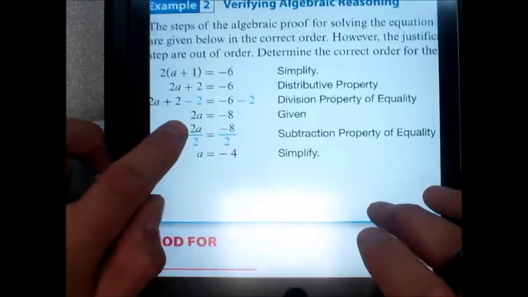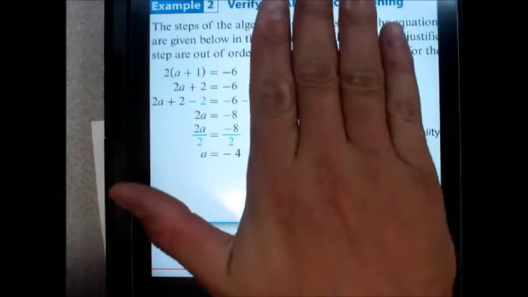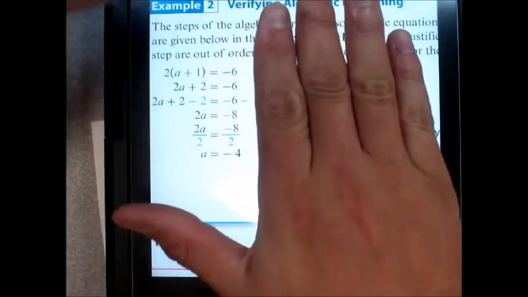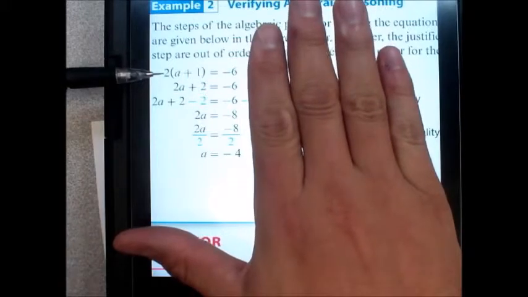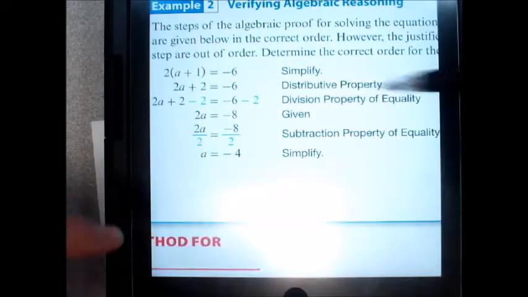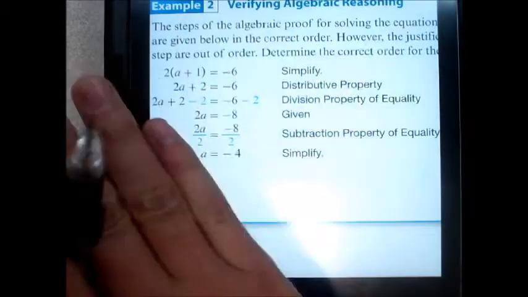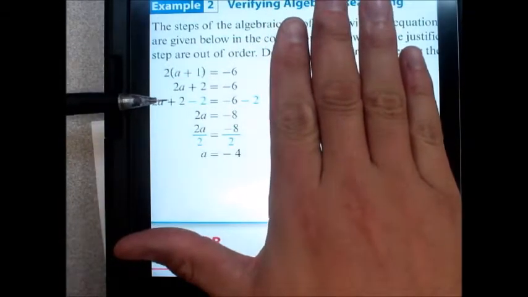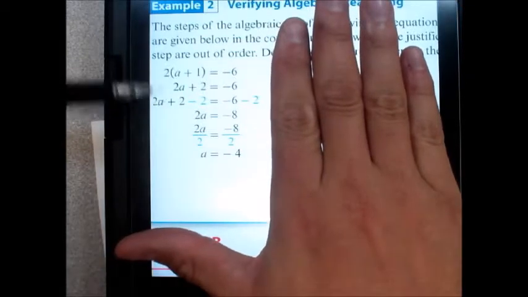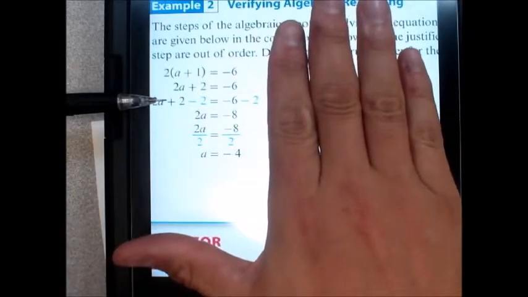Okay. So I'm going to ignore this side for the time being, and I'm just going to simply follow what they did. What is the first step in solving this? I distribute, right? So they used the distributive property. So they're good so far. Next, they had to do what? They subtracted 2 from both sides. So what is that property called?